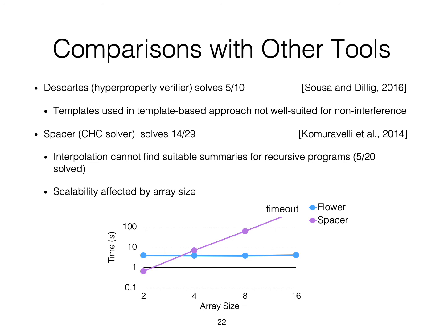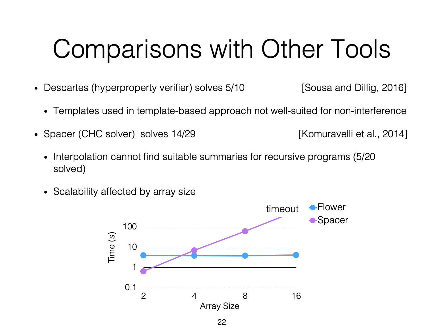Along the x-axis for a particular example, we have that the array size used in the example increases, and along the y-axis we have the time taken to verify the program in seconds. Note that this is on a log scale. So we can see here, Spacer is shown in purple, that Spacer performs much worse as the size of the array increases.